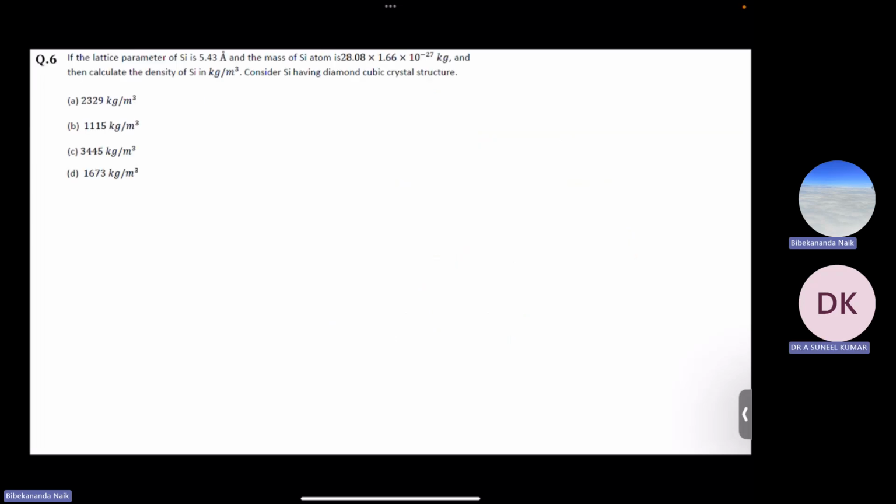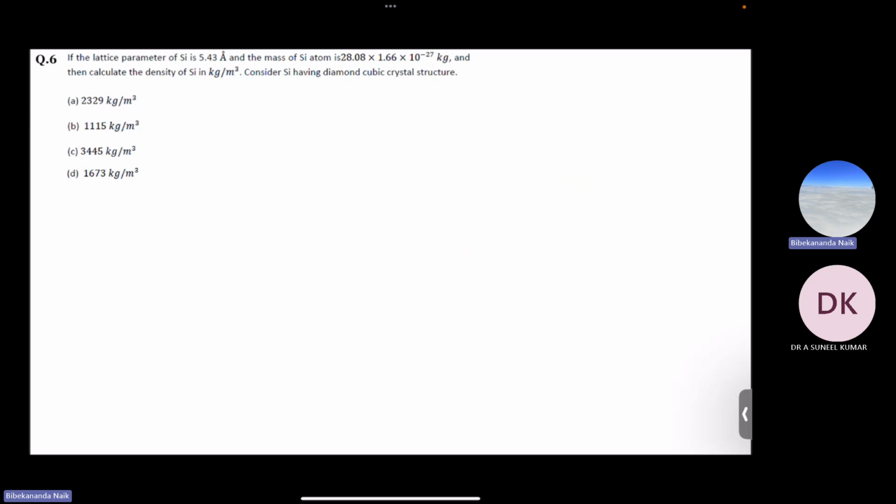Question number 6. The question says, if the lattice parameter of silicon is 5.43 Armstrong and the mass of a silicon atom is 28.08 into 1.6 into 10 to the power minus 27 kg, then calculate the density of silicon in kg per meter cube, considering silicon has a diamond cubic crystal structure.